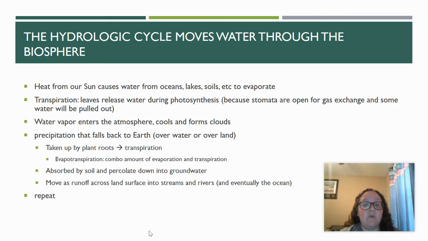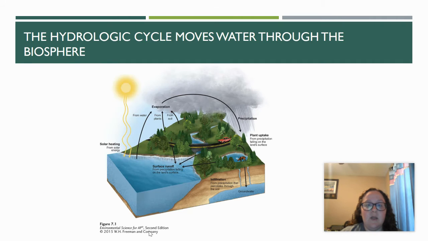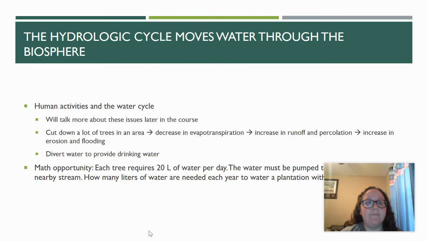Some of the water that falls back to Earth is absorbed by soil and will percolate down into groundwater. And some will move as runoff across the land surface into streams and rivers, which will eventually make its way back to the ocean. This whole thing is happening all the time, everywhere. Here is a nice diagram of the hydrologic cycle, which if you would like more details, you can check out in your book.